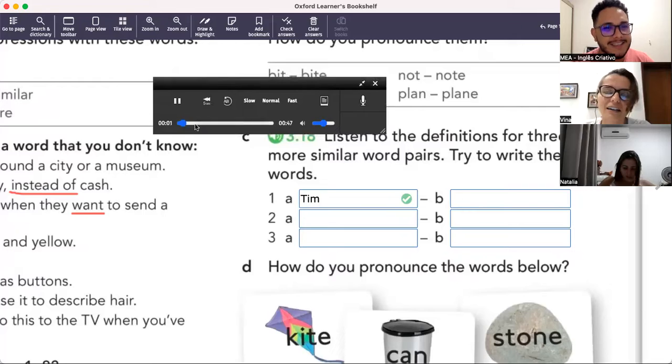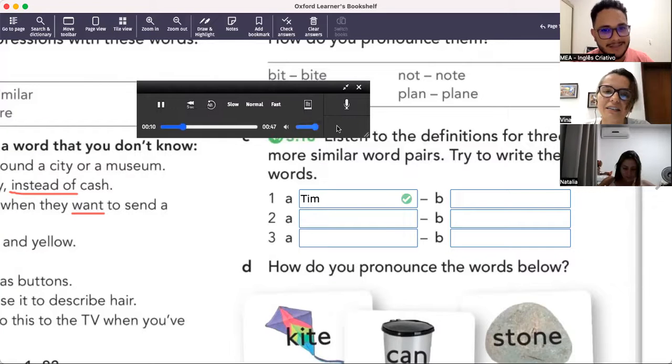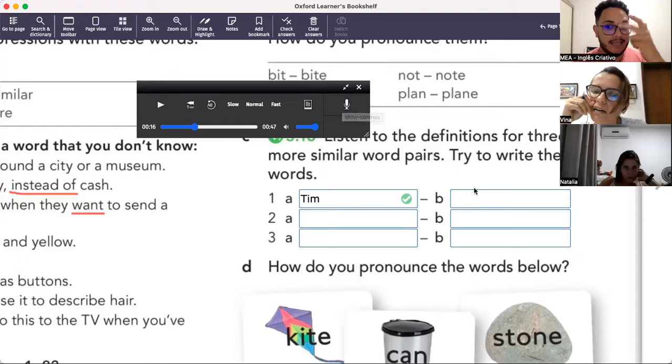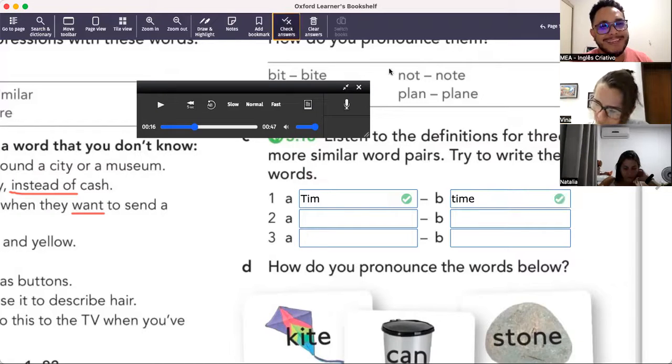B. What is measured in minutes, hours, or days? What is measured, girls, in minutes, hours, and days. Time. Very good, Vina.